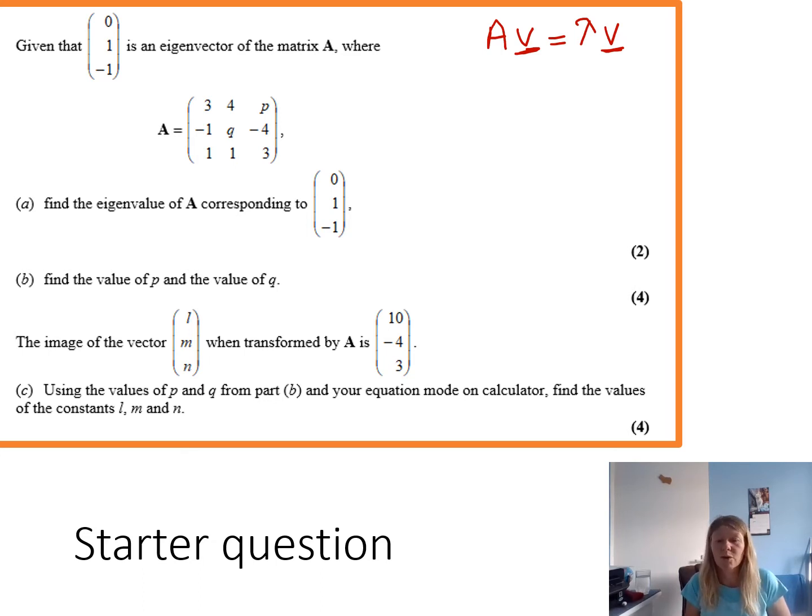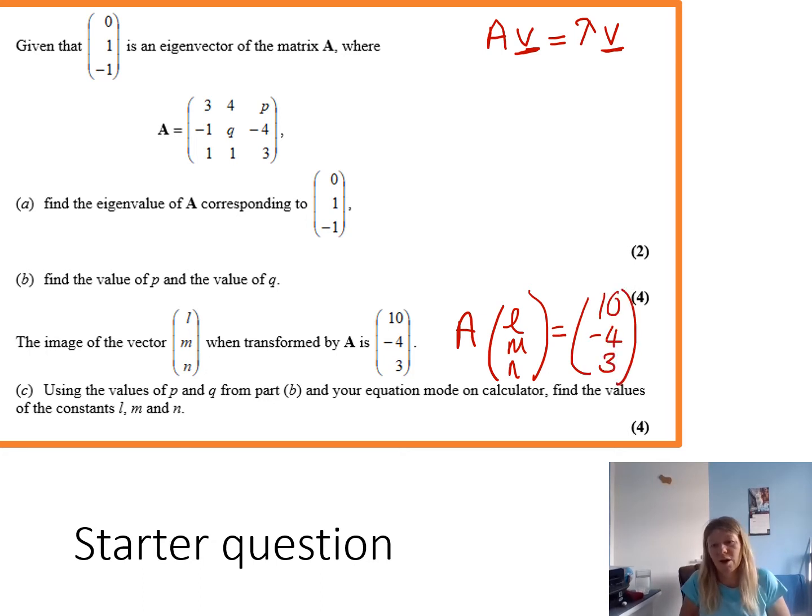The P and Q you can also find from this bit of thing. It'll help you in there to find that with that. And then it says you're given an image, this thing, when transformed by that. Oh, sorry, when transformed by A, it's this. So you'll do here, you'll do A, and then that vector L, M, N, and equal it to 10, minus 4, 3.